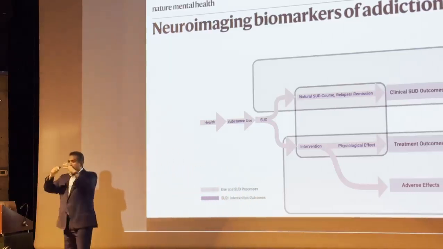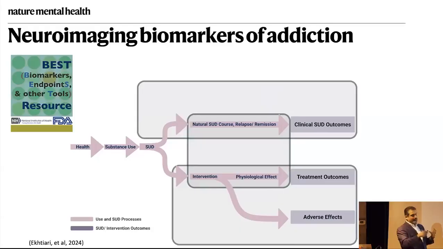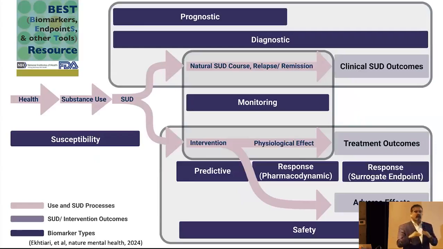And if you think about that process, then based on what we call the BEST guideline, a guideline by the FDA, biomarkers could be divided based on this process. For example, you have a susceptibility biomarker. What does it mean?